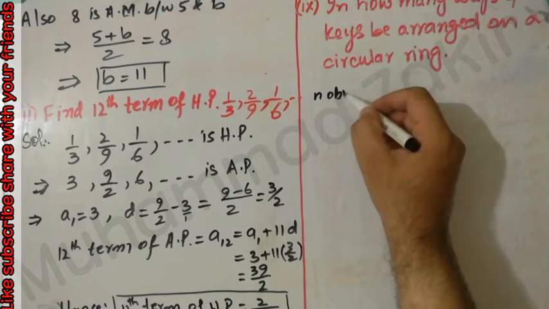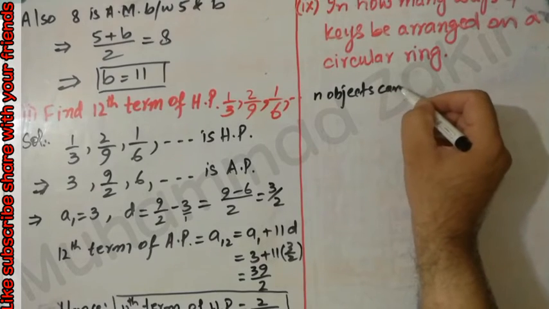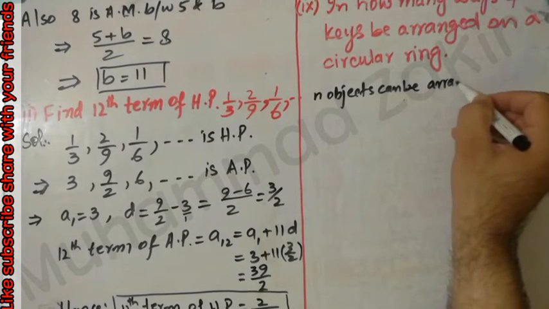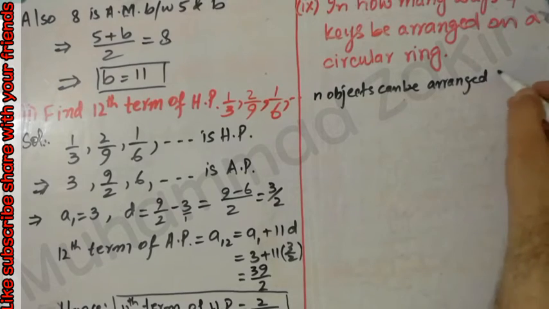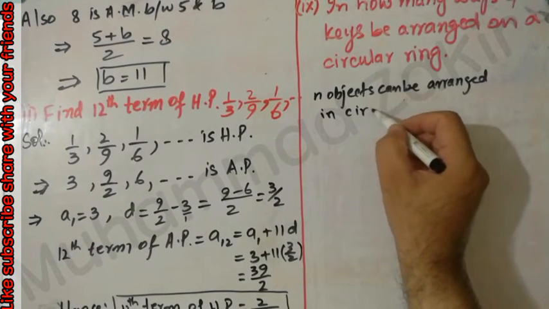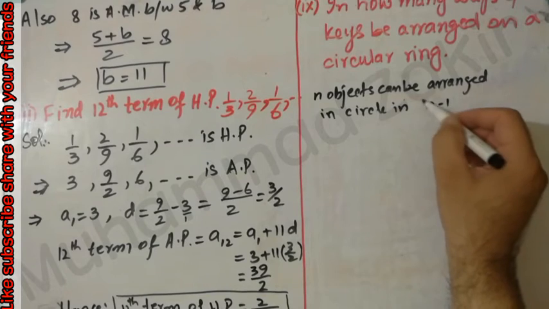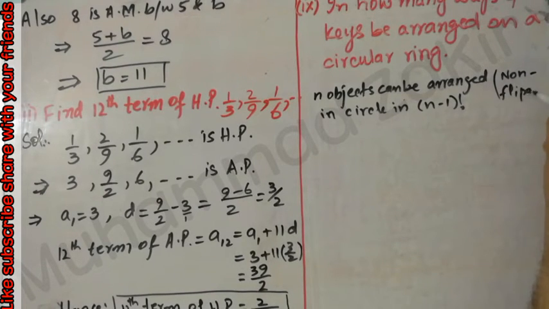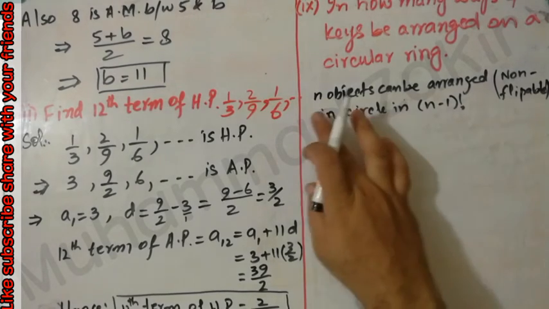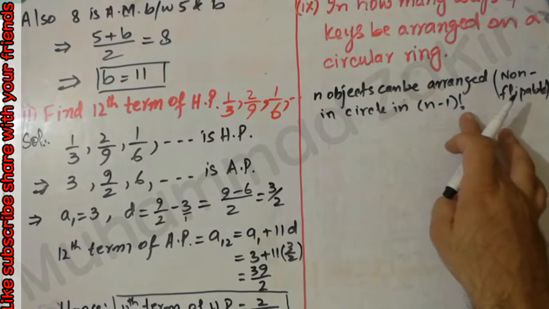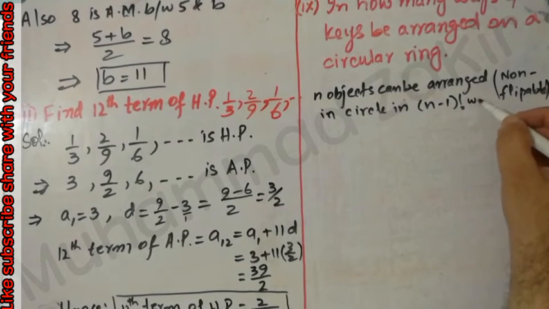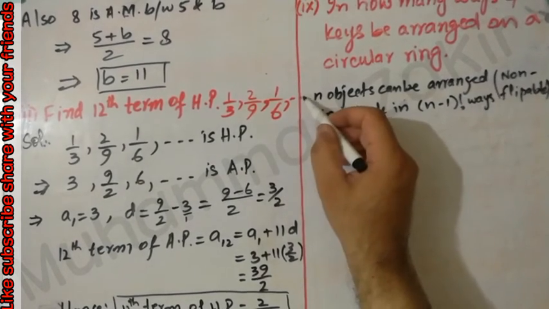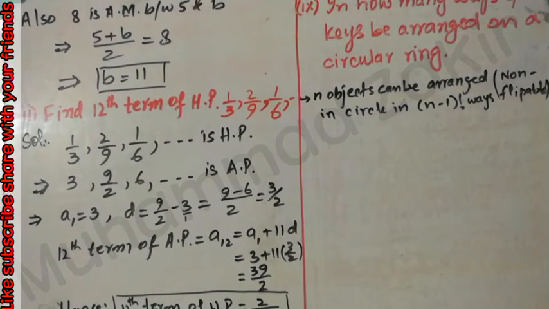N objects can be arranged in a circle in n minus 1 factorial ways. This is for when the case is non-flippable. This is the first fact about circular permutations.